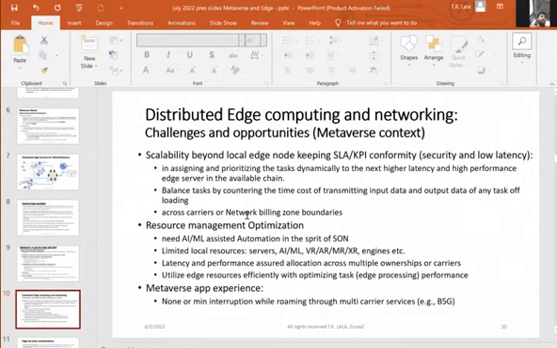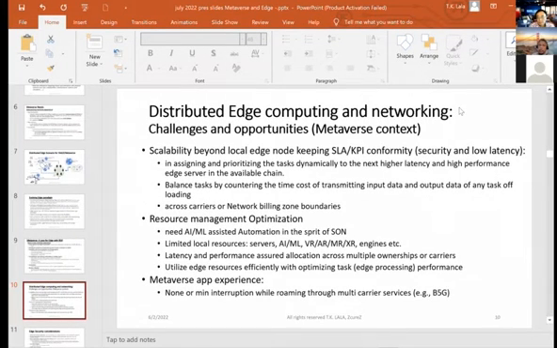Now, there are challenges. The challenge, as I mentioned earlier, is scalability going beyond the local edge node. Anytime you provide a service, you have a certain SLA or KPI conformity that you need to meet. The SLA means service level agreement. So if you go with a carrier, you are paying a certain amount of money, and you expect certain services that have some metrics they need to conform to.